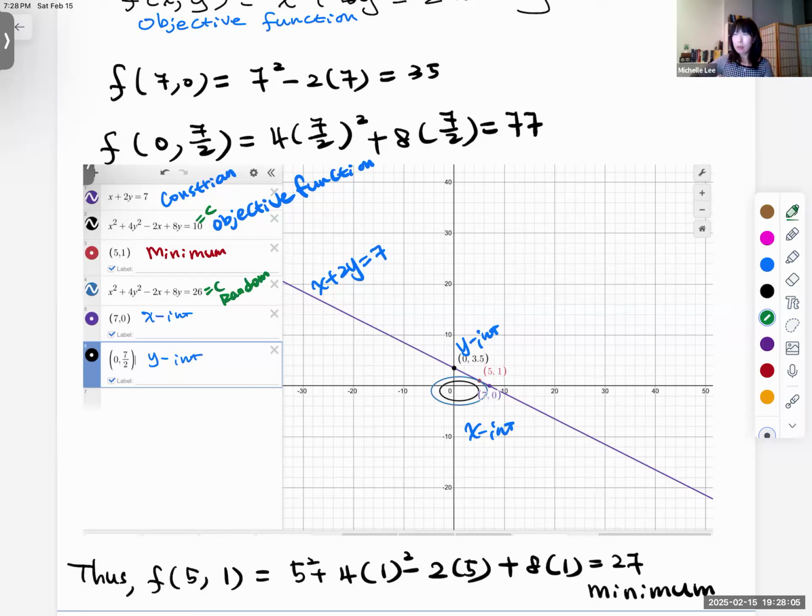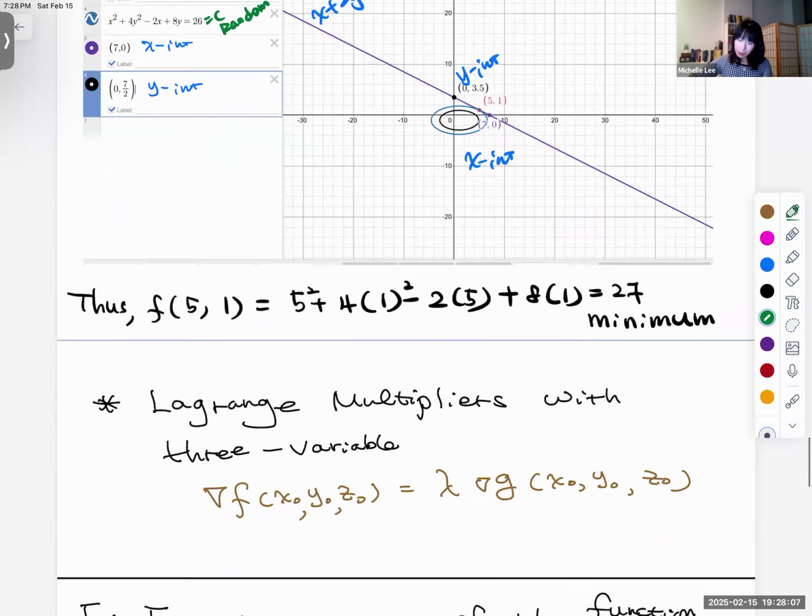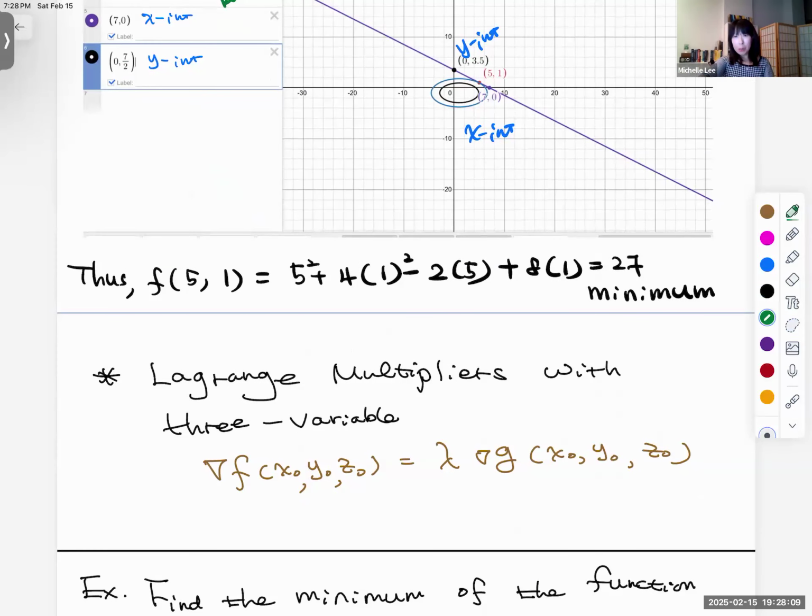Okay, now, what if we have 3 variables? So Lagrange multipliers with 3 variables. Same, but I'm missing the constraint equal to 0, right? So let me write down the constraint function equal to 0.